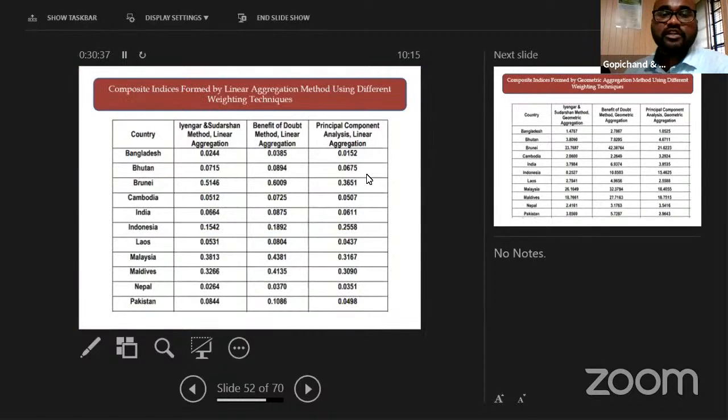See here, principal component analysis with the linear aggregation method using different standardization methods occupies the highest score, followed by the benefit of the doubt method, then the linear regression method and the Iyengar and Sudarshan method.